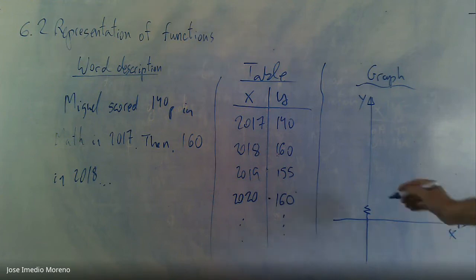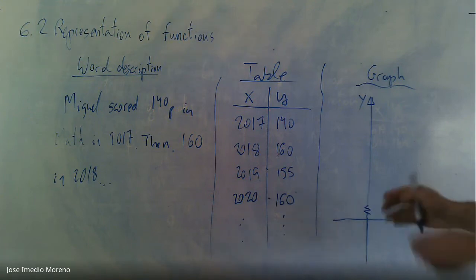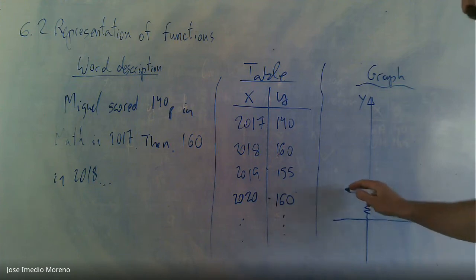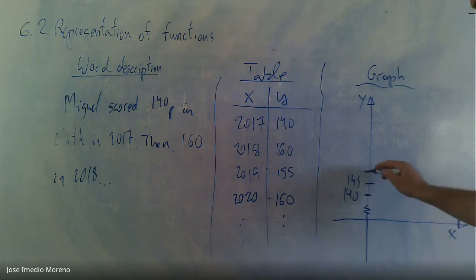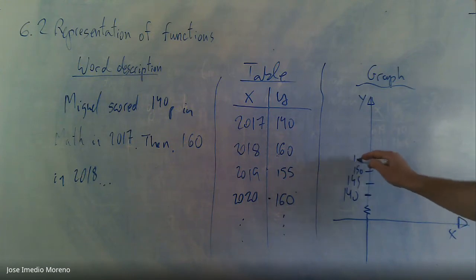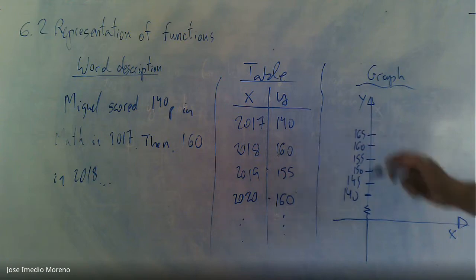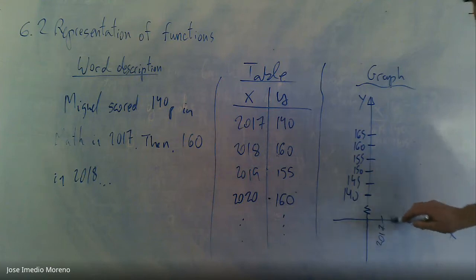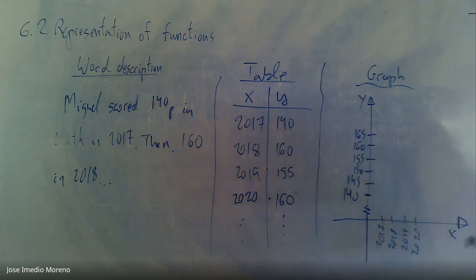If I do that, it means that I'm skipping some values. So here I'm going to write 140, 145, 150, 155, 160, 165, and so on. And here years, 2017, 2018, 2019, 2020, and so on.